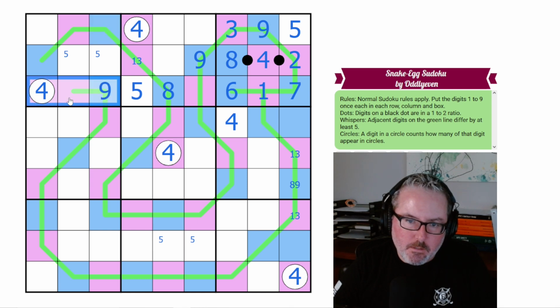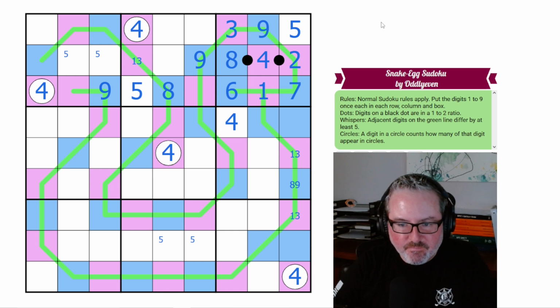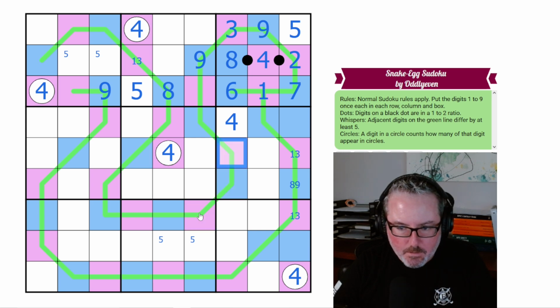Now, I looked at 6s previously, but there's not much to go on, because this could still be a 6, this could still be a 6. Do we know anything about this digit? It's either 7 or 9. But there's tons that could go on with these two. Except this digit, there's not much I can go with.